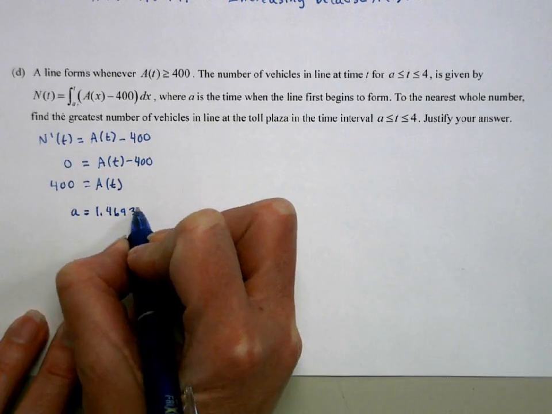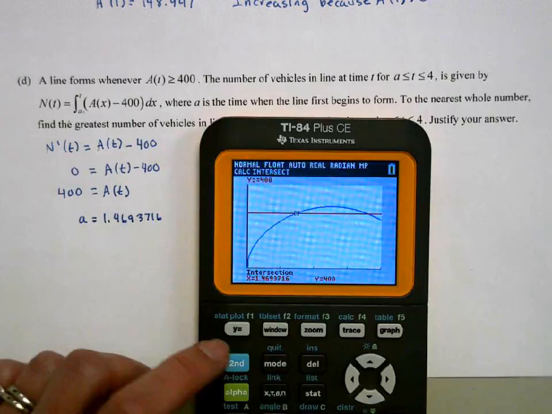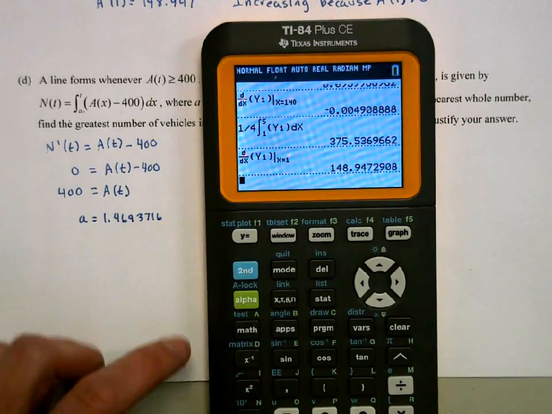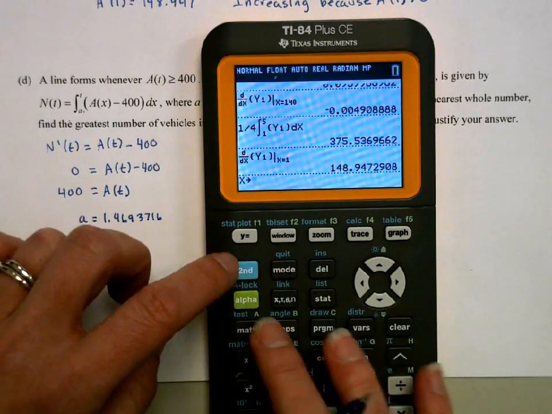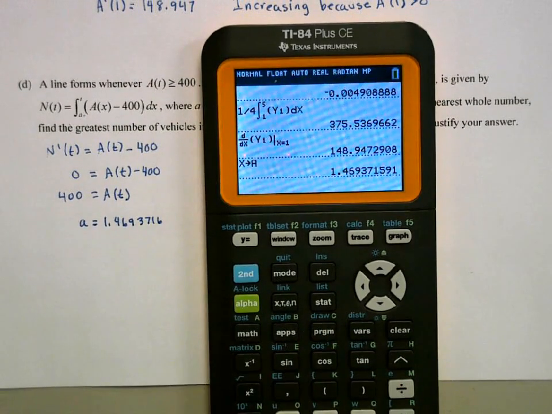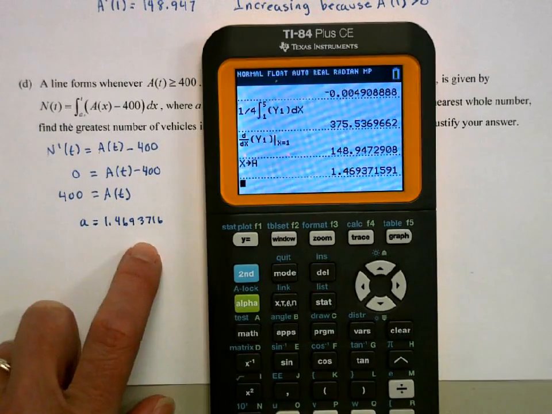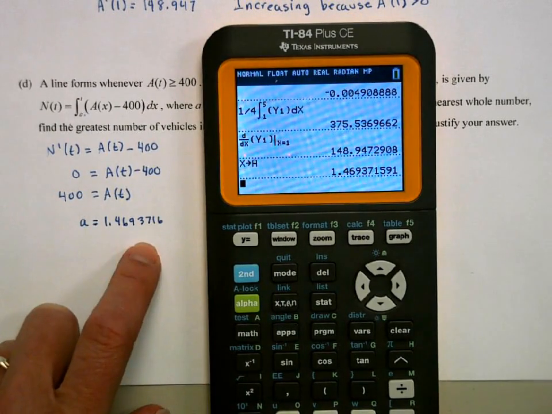Now what I'm going to do is get out of this without touching anything, and I'm going to store X in A. So that value that I found is automatically stored in your X value. So that's what we're using there. So now that's stored in A.